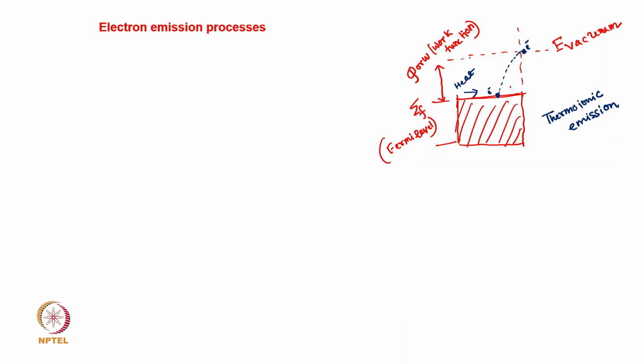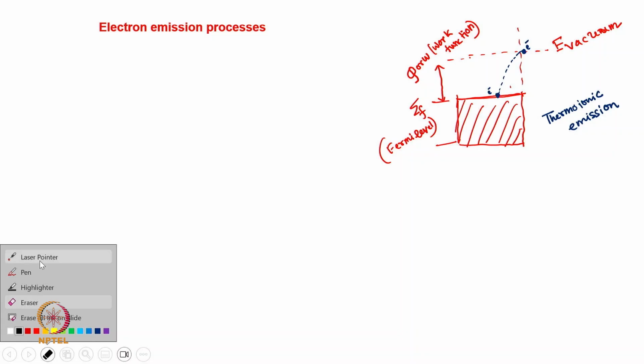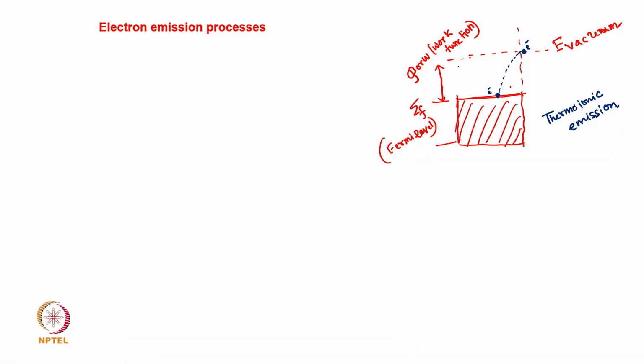All right. And now I replace this heat by a photon. Then the electron gains energy from the photon, and we know that there is an effect called the photoelectric effect, which was explained by Albert Einstein.